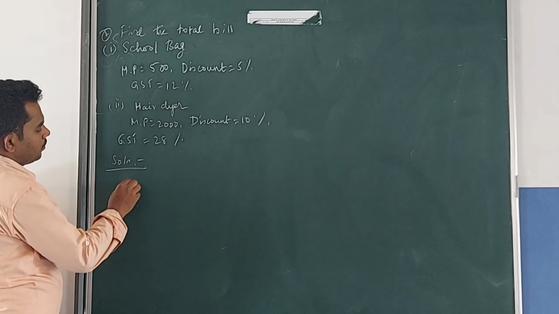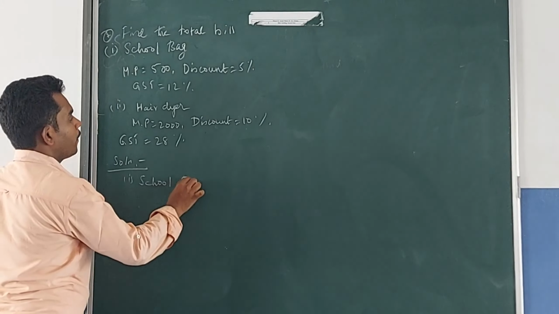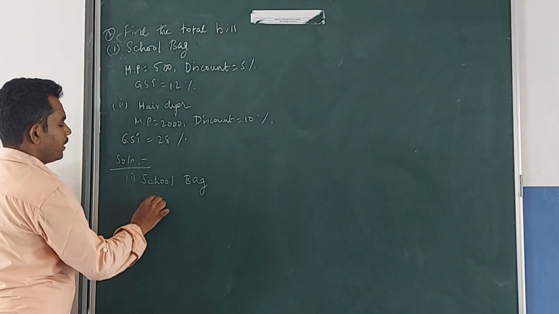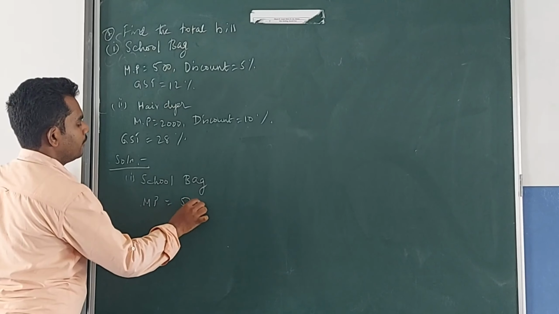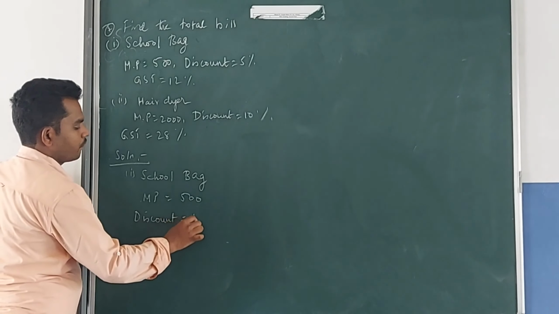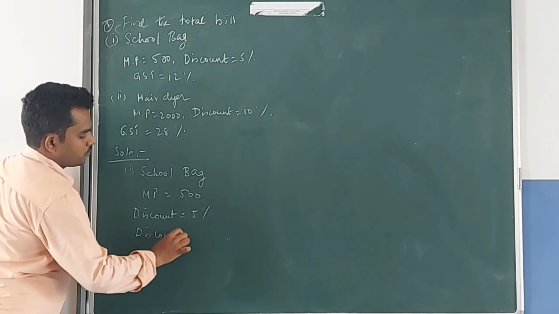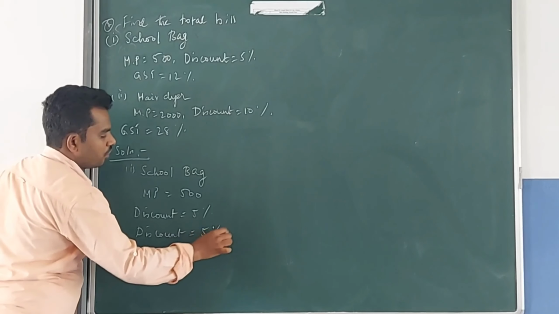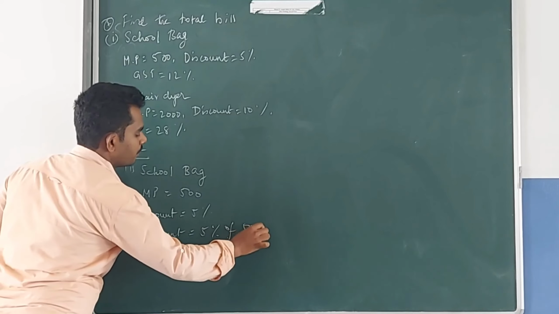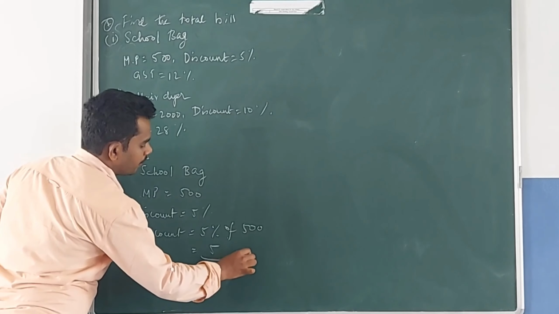School bag, marked price equal to 500, discount 5%. So we want to find discount. So 5% of marked price 500. So 5 by 100 into 500.